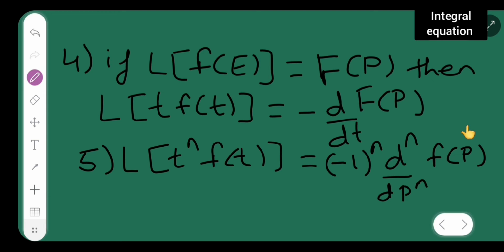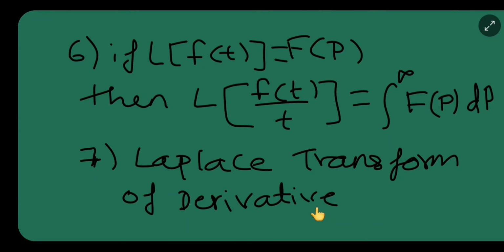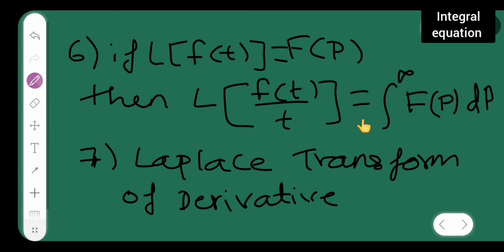Now let me do the sixth one. If Laplace of f of t is equal to F of p, then Laplace of f of t upon t is equal to integral from 0 to infinity F of p dp.